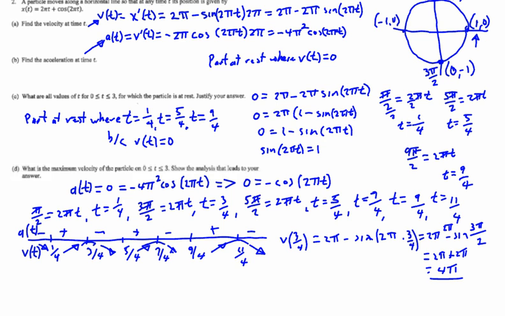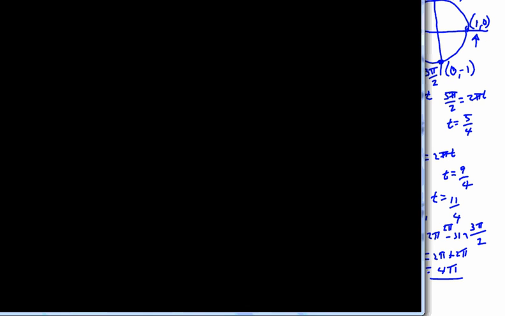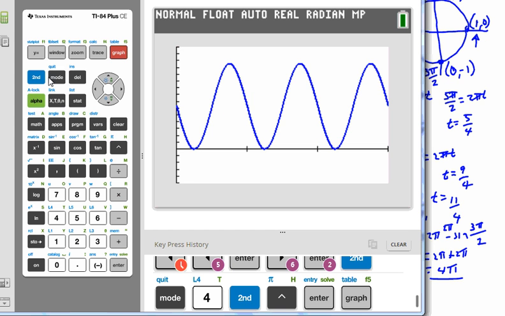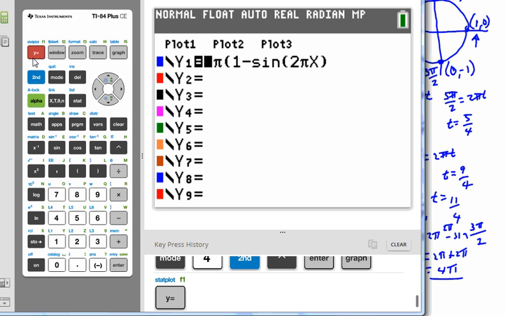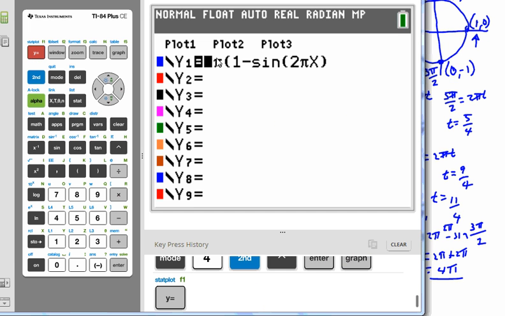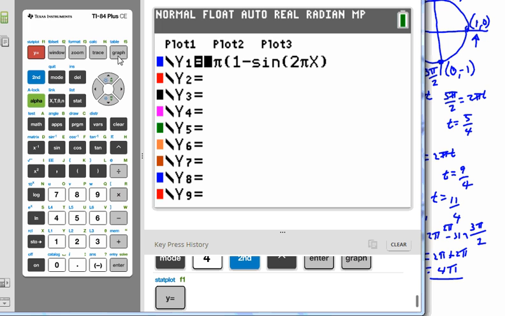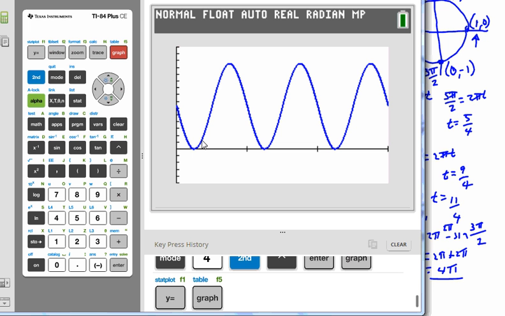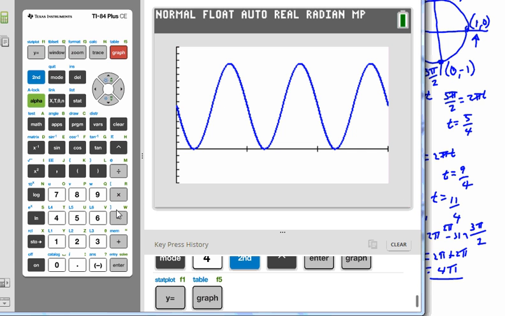So what I did is I went and graphed this function. If we go to y equals, here's the function graphed in an appropriate window, and we see V of t decreasing between 0 and 1/4, increasing between 1/4 and 3/4, and so on.